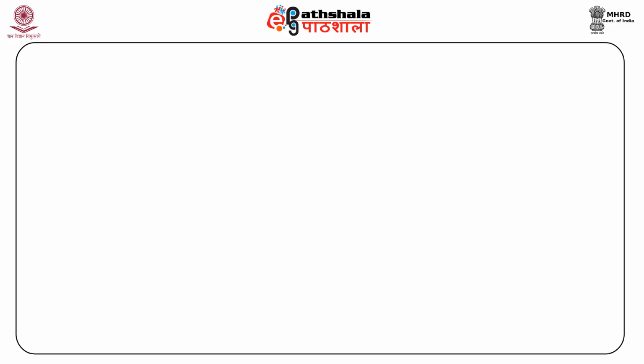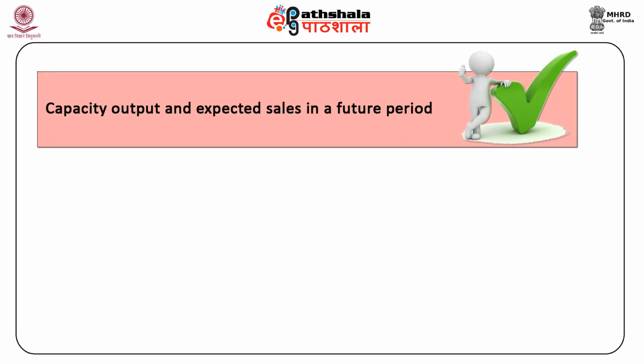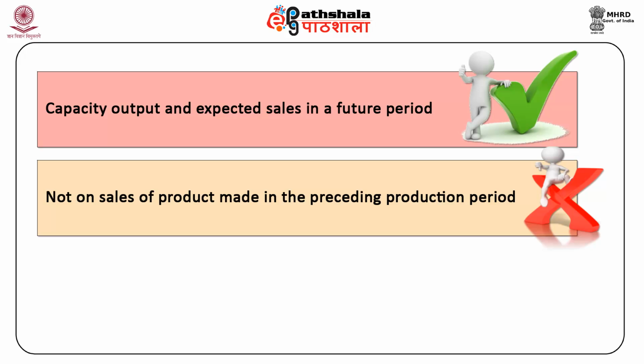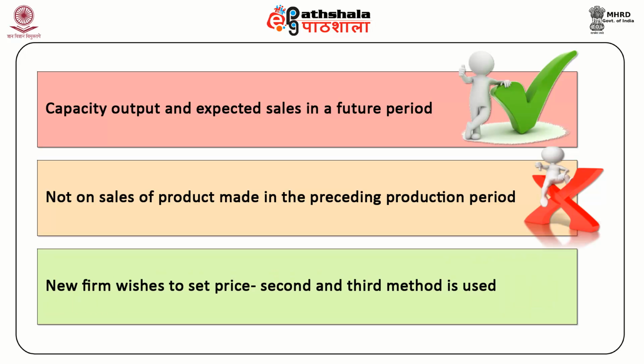If a new firm wishes to set the price of its product, then output is determined on the basis of capacity output and expected sales in a future period, and not on the basis of sales of product made in the preceding production period. Under these circumstances, where a new firm wishes to set the price, only the second and third methods are used to determine the chosen output for the costing margin.